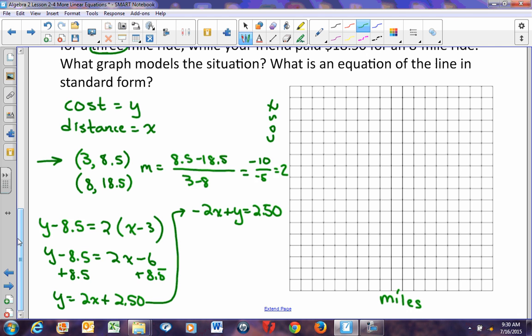So my y-intercept is 2.5. Or I could just graph the points, because you have the two points. It's pretty simple to graph the two points. I could say (3, 8.5). 1, 2, 3, then 1, 2, 3, 4, 5, 6, 7, 8.5. There's one point. The second point was (8, 18.5).